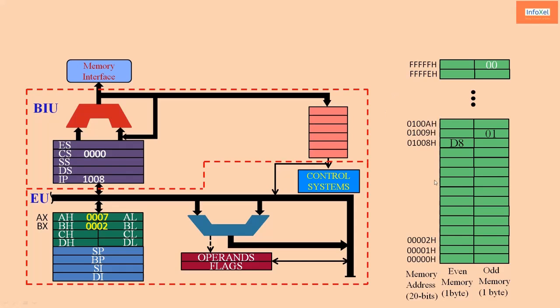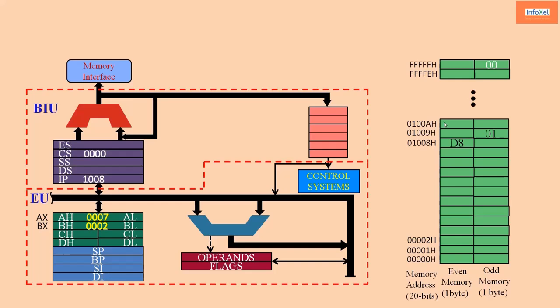Likewise, you can see all even addresses are for even memory and all odd addresses are for odd memory. If you want to access 16-bit data or 2-byte data, we need both even memory as well as odd memory.